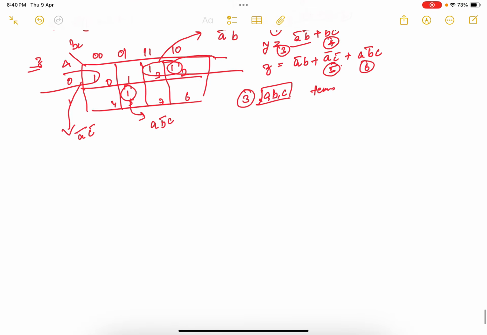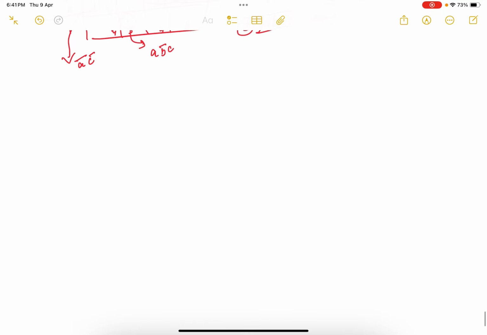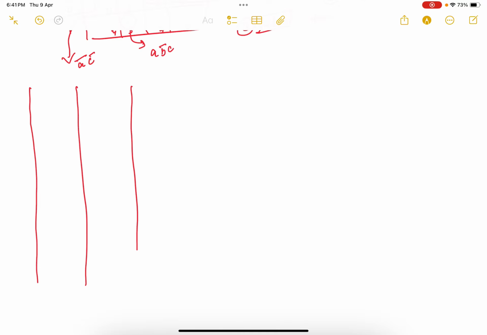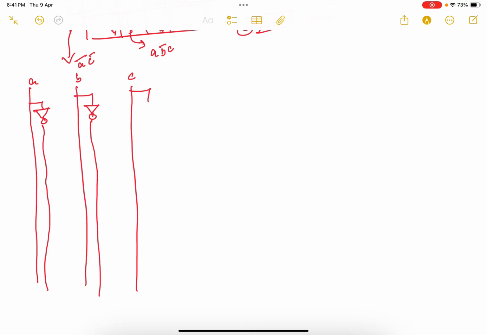So what you will do? First draw the lines for the variables: one for A, B, C, and next for A bar, B bar and C bar.